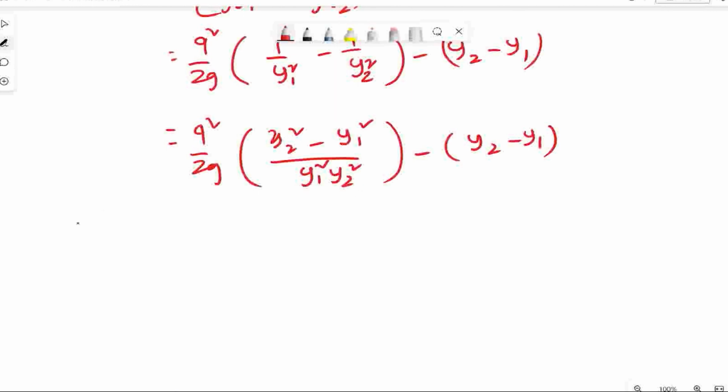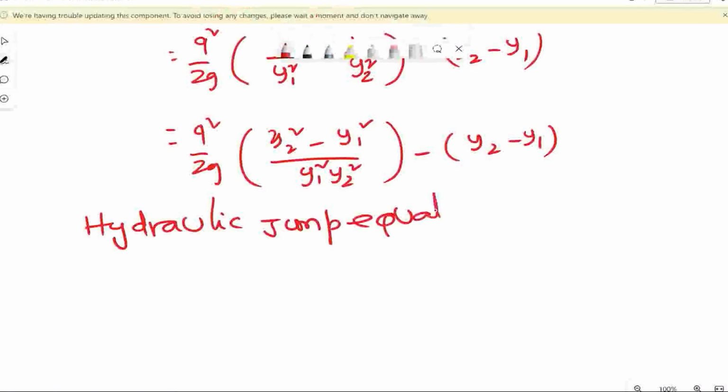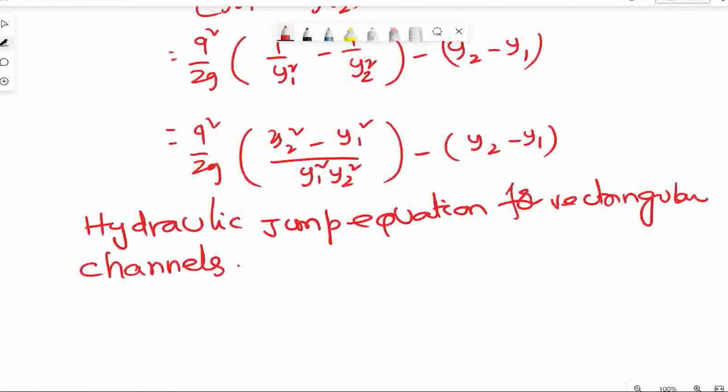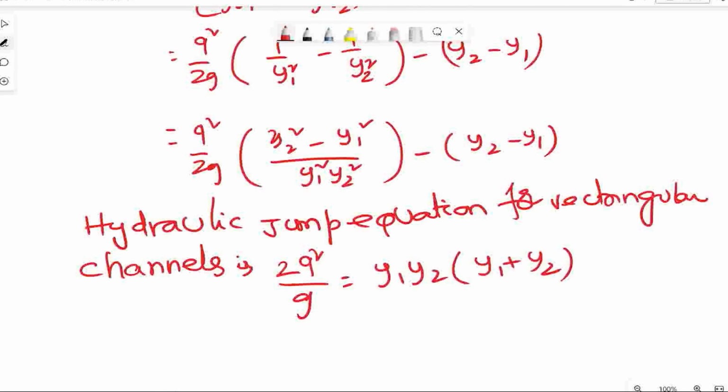But what is the hydraulic jump equation? The hydraulic jump equation for rectangular channels, we are considering only rectangular channels, is 2q square by g is equal to y1 y2 into y1 plus y2, which I have already derived.